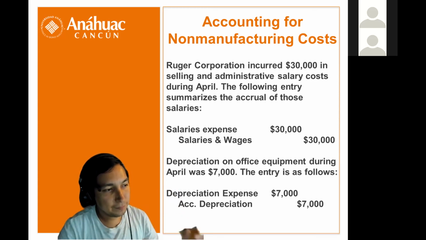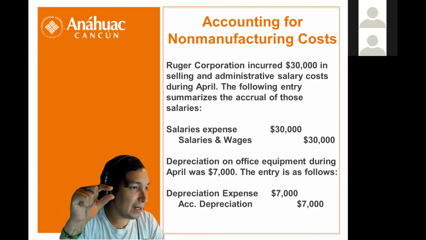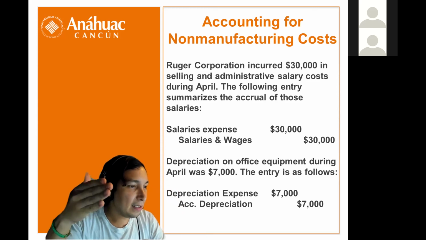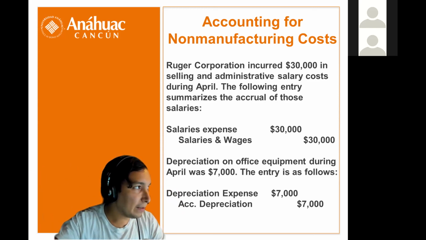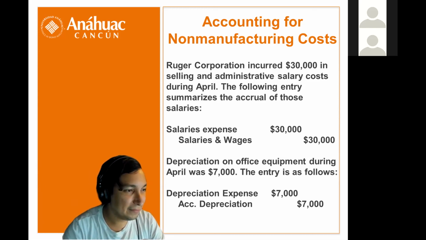Okay. Because remember that depreciation tends to diminish the book value of the asset, because assets diminish their value with time. Like the building. The building won't be valued the same as when you buy it.